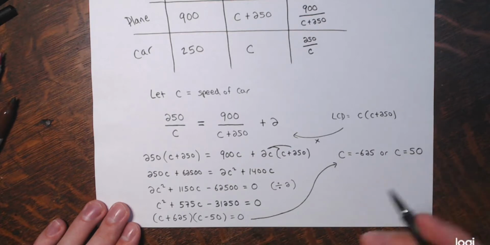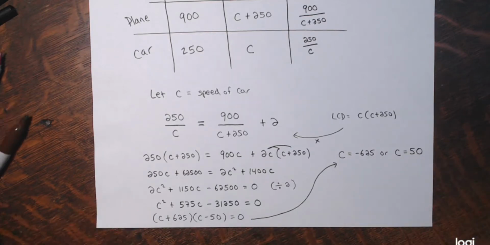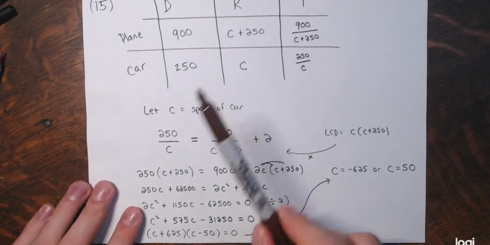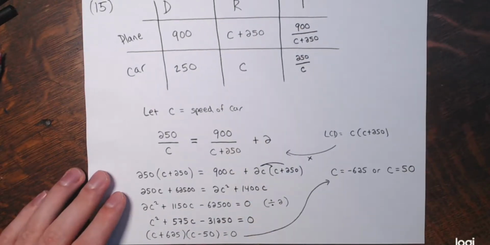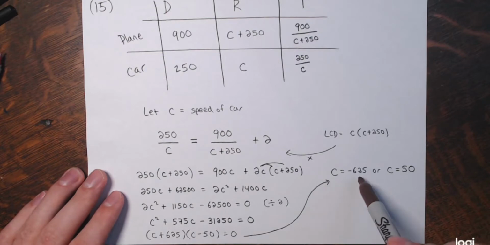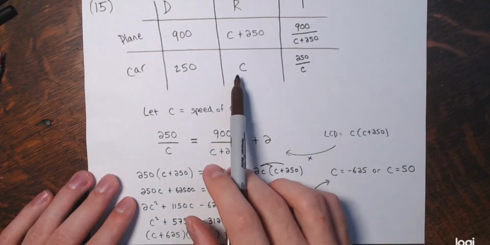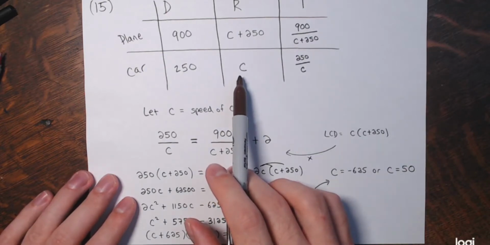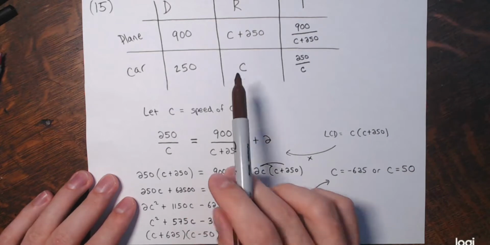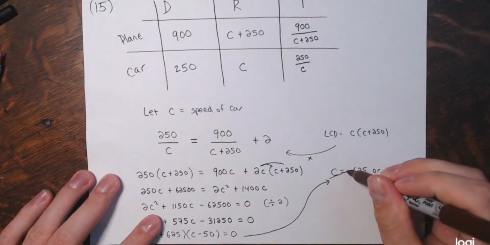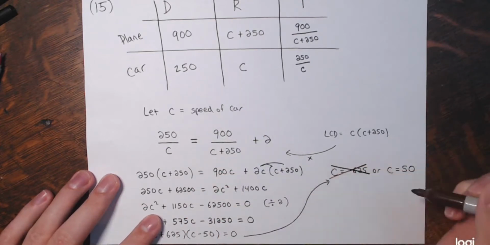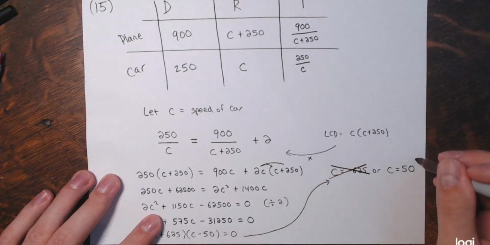And then once again, like with every problem, you got to think about what makes sense in our chart, what makes sense in this problem. If C were negative 625, that means the car would be traveling negative 625 miles an hour. That makes no sense, right? You shouldn't have negative speeds. The only one that does make sense is C equals 50, right?